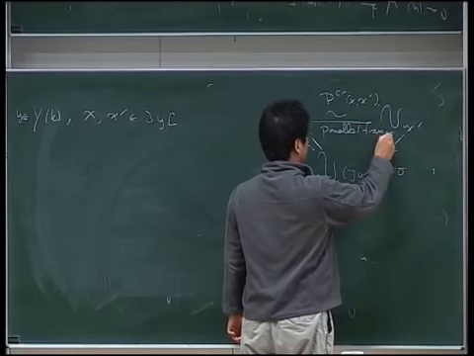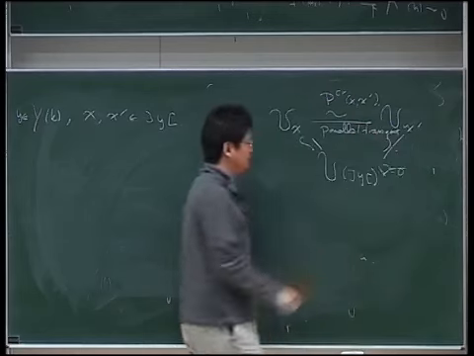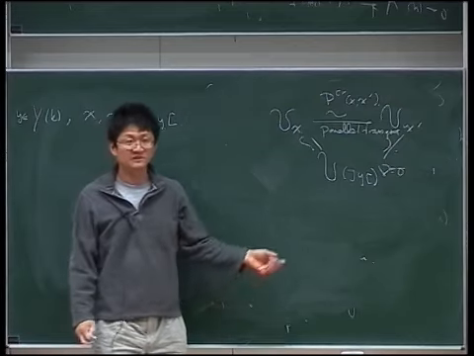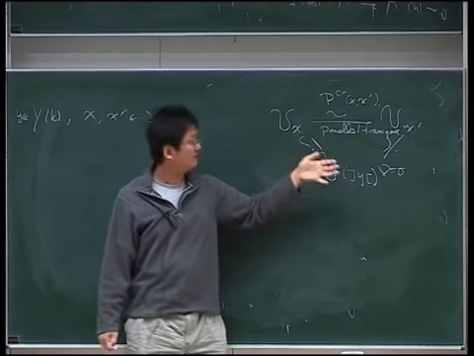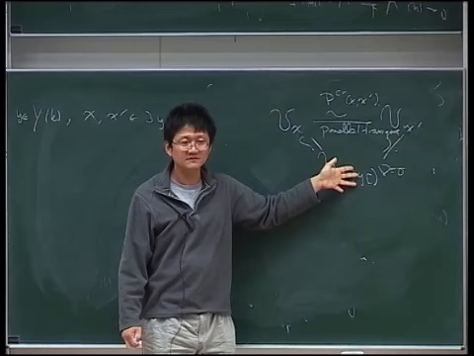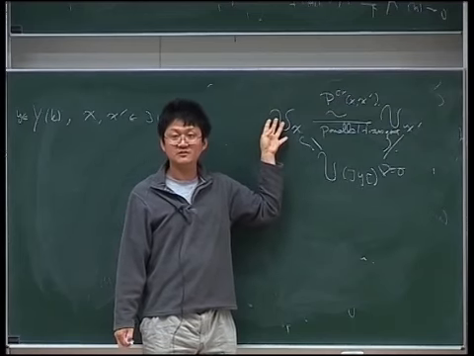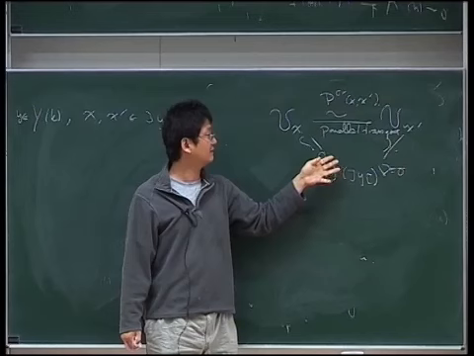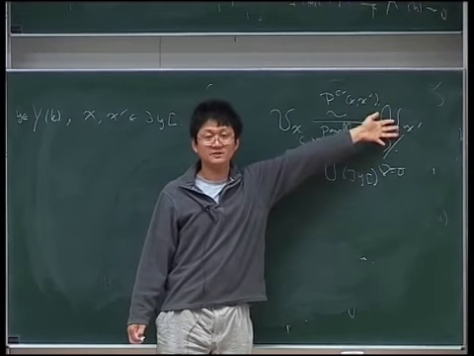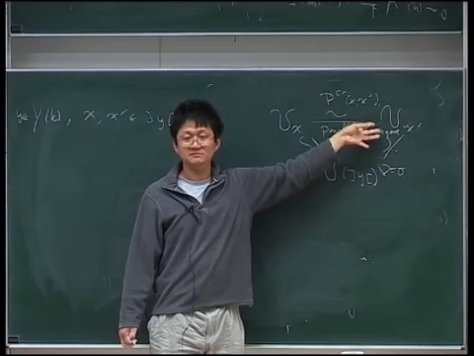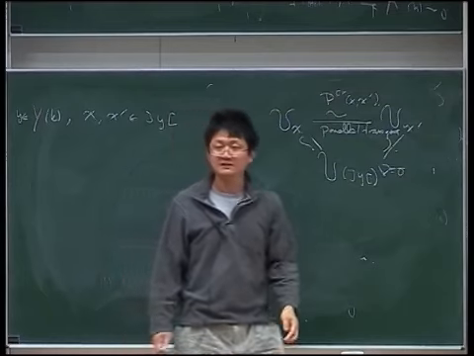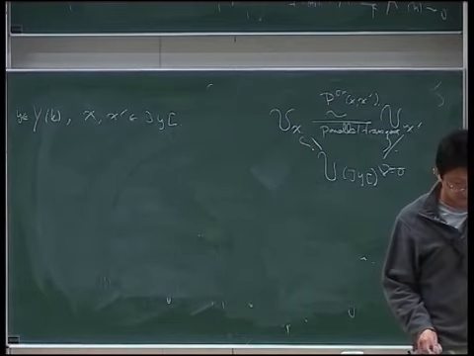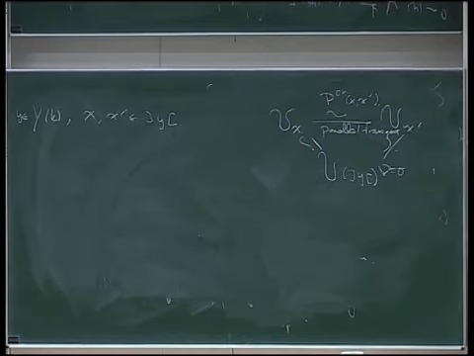This makes perfect sense in this region, on this tube. We take any vector here and find the horizontal section with that value in the fiber at x, and then take the value of that horizontal section at x prime. That's the isomorphism from here to here. So this is literally parallel transport, the same as in the differential geometric setting, as long as we stay on this tube.